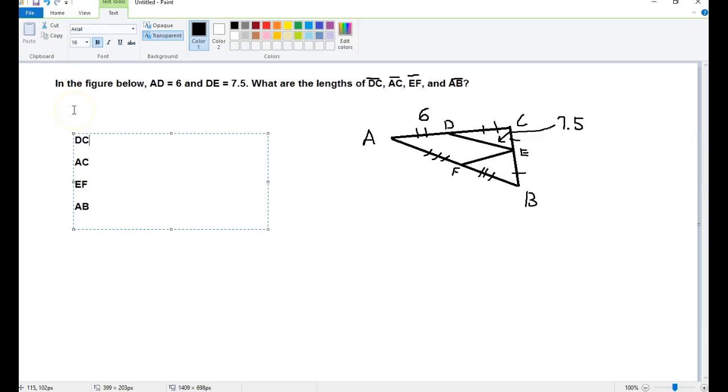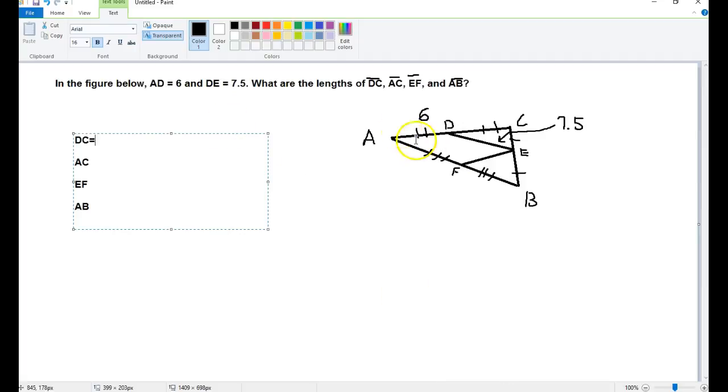Okay, so our example here is in the figure below. AD is equal to 6. DE, this part here, is equal to 7.5. What are the lengths of DC, AC, EF, and AB here? Okay, so the first one we have is DC.